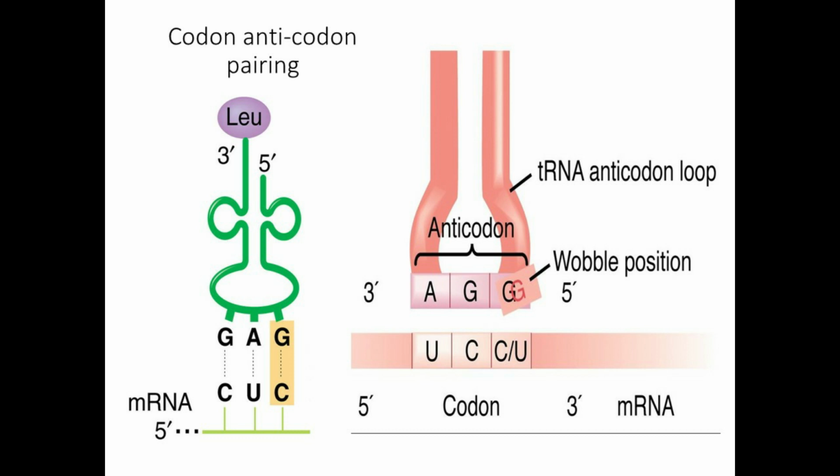Now look at the anticodon loop of the tRNA, where the sequence is GAG, that is, it is complementary to the codon on the mRNA. So it is the mRNA that carries the codon for the amino acid leucine, but that tRNA which brings leucine has a sequence complementary to this mRNA codon, and that region of tRNA which has the sequence complementary to the codon on the mRNA is called the anticodon region.